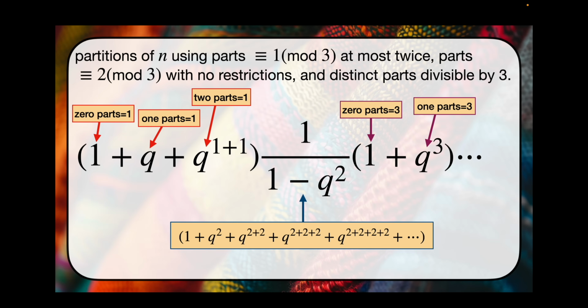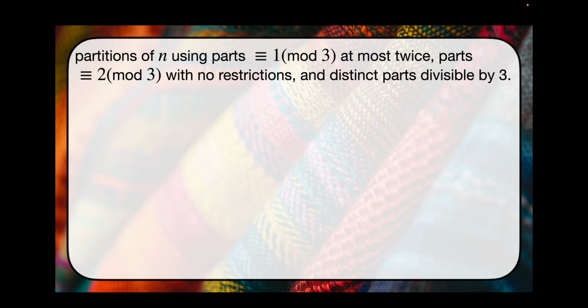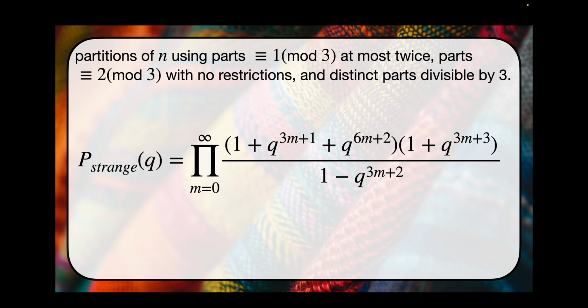So anytime you see this 1 over 1 minus something, you really want to think that that is expanded as a geometric series, and that corresponds to using that type of part as many times as you want. Now, we could package this together into one nice product, and I've called this P strange of Q. And here we've got this nice product as m goes from 0 to infinity.